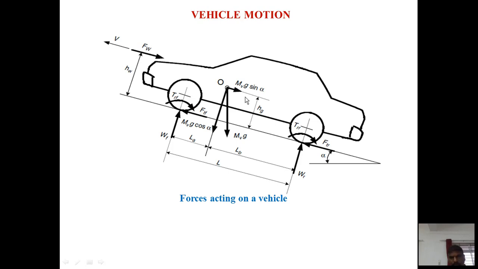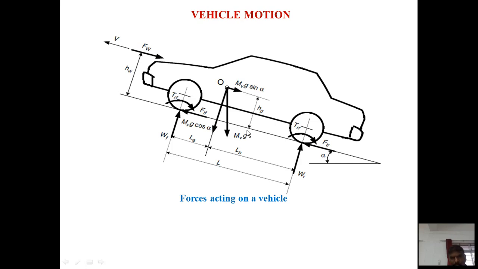The mass body that is acting at the center of the vehicle is represented as M suffix V g sin alpha, and the another component is M V g. One is M V g sin alpha and the another component is M V g cos alpha.